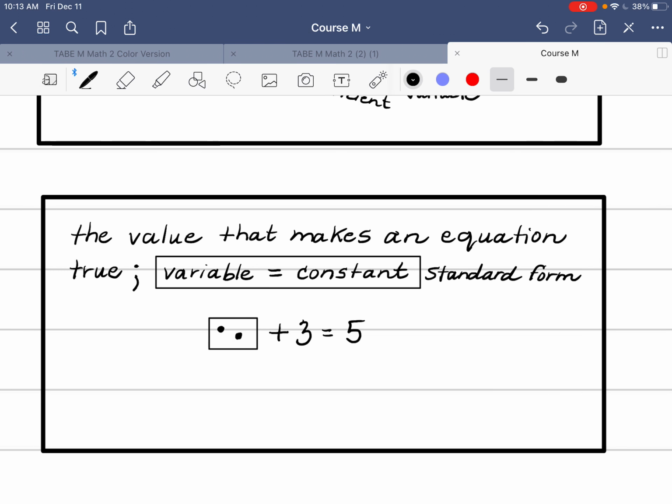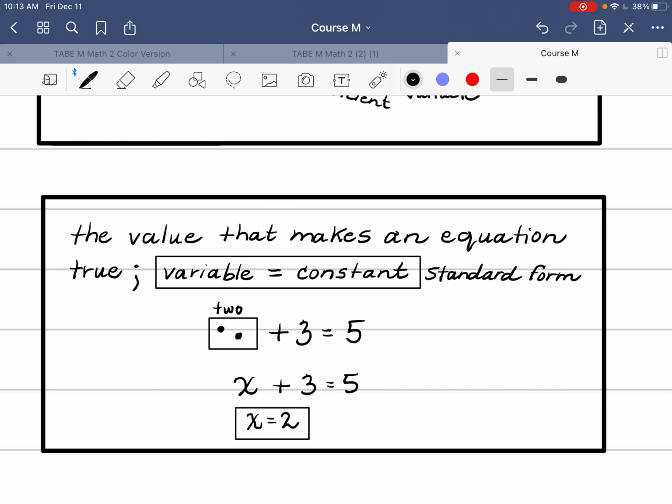I need 2. 2 plus 3 is 5. So in equation form, that would say some unknown amount plus 3 is 5. X must be 2. That is the only thing in the world that will make it true.